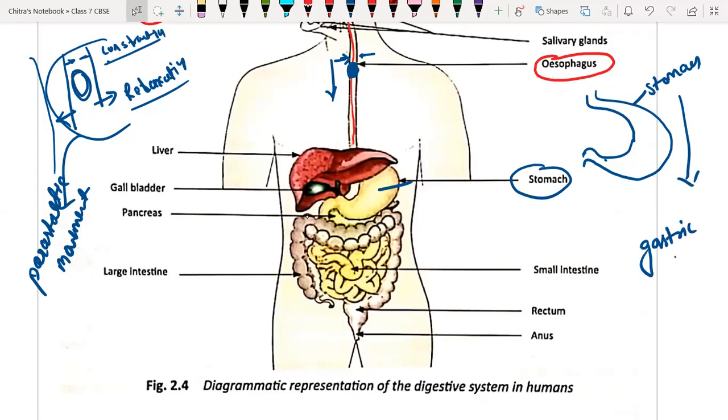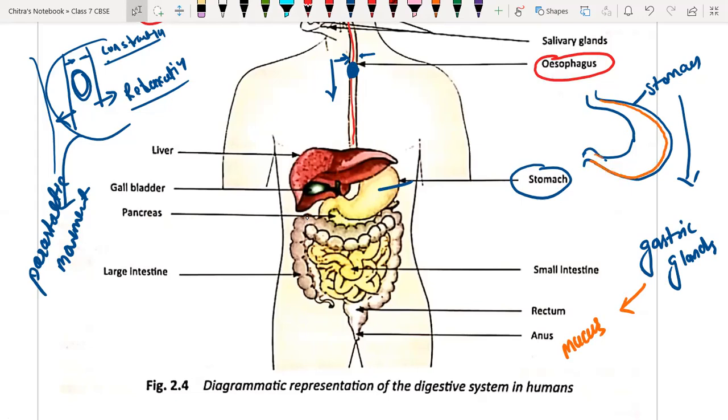And gastric glands secrete three main products. One is called mucus. Do you know what the main work of mucus is? Mucus forms a layer to protect the inner layer of the stomach.